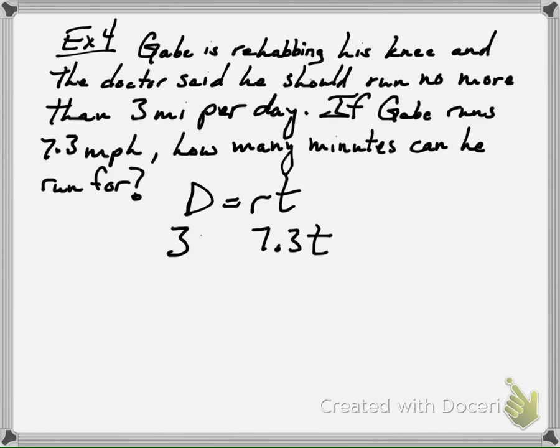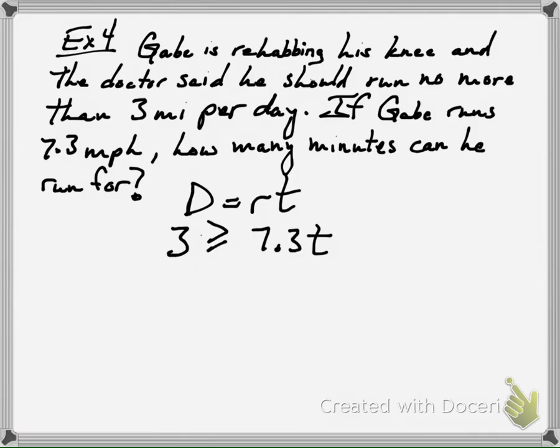And no more than 3 miles per day. So I want this stuff on this side to be no more than 3 miles per day. So we're trying to keep this number here down. And so we're going to be putting the less than side toward that side. Okay? No more than. So 3 is greater than or equal to 7.3t.